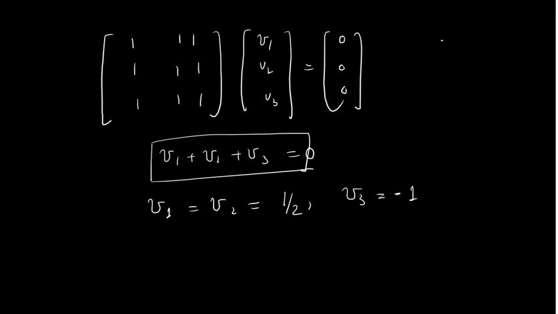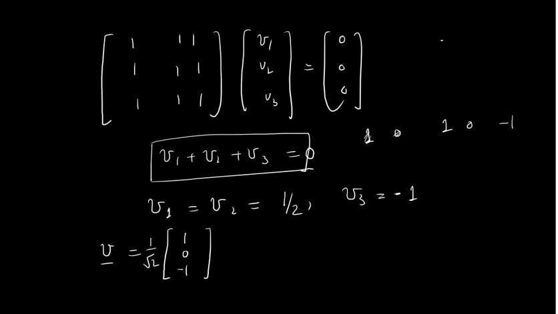One possible eigenvector is 1 0 -1. Then we can normalize it.